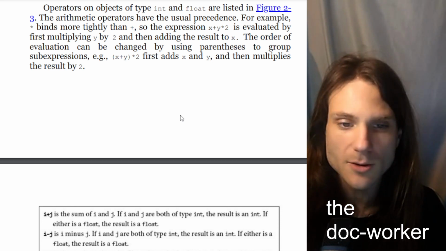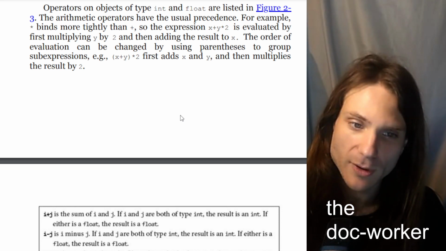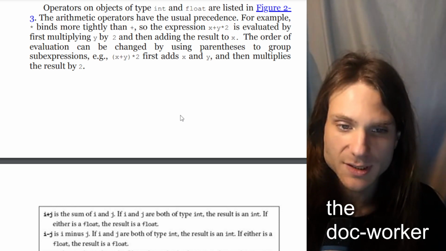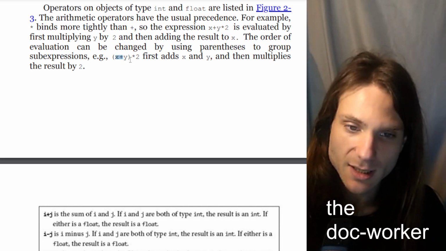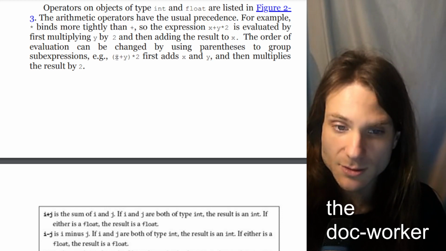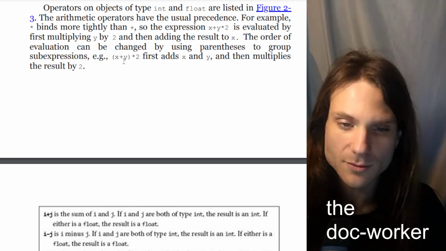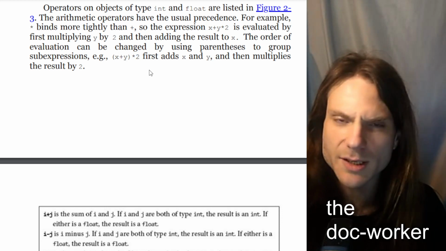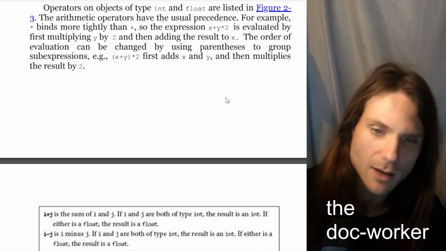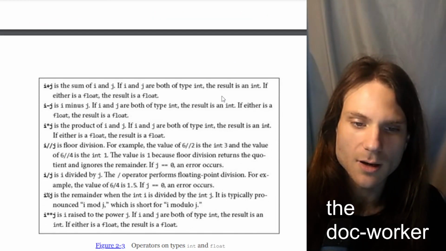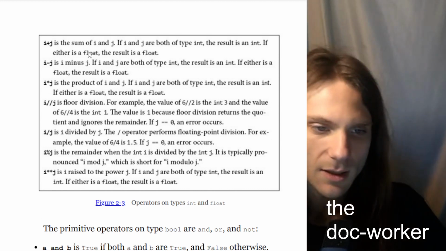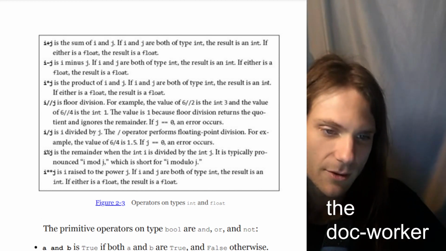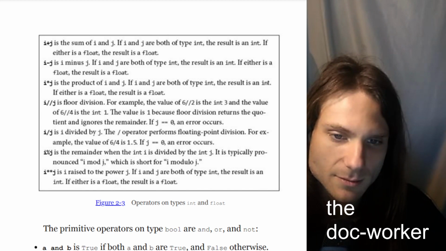The order of evaluation can be changed by using parentheses to group sub-expressions, such as (x plus y) times 2, which will first add x to y and then multiply the result of that by 2, just like in regular arithmetic. I think maybe just pause the video and look at figure 2-3 if you want to.